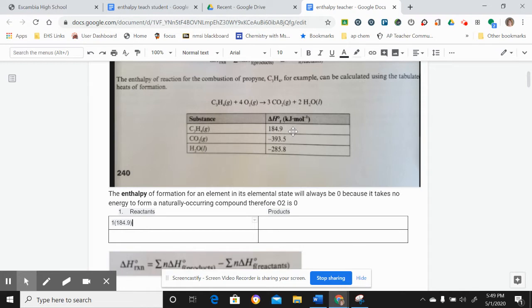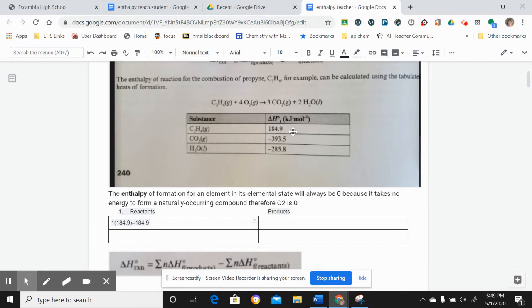And I have 4 oxygens. Now, if I look at that equation, there's no oxygens in that box. Because if I read that statement, it says the enthalpy of formation for an element in its elemental state will always be 0 because it takes no energy to form a naturally occurring compound. Therefore, O2 is 0. So it's 0 kilojoules. So my reactants equals 184.9.